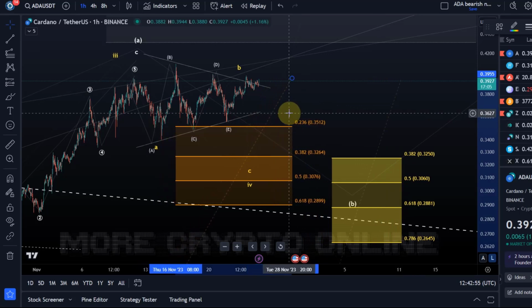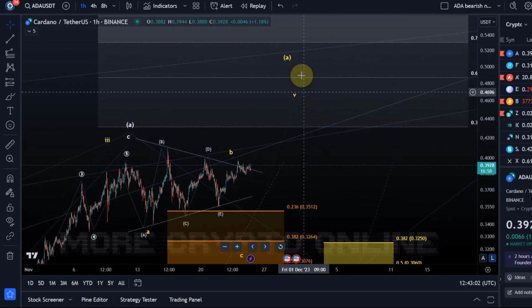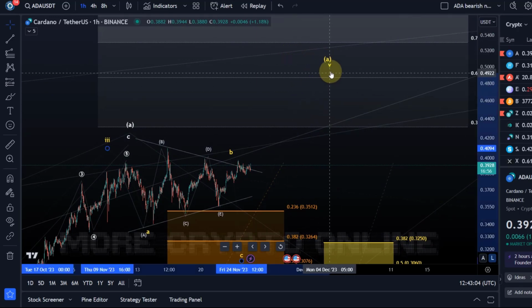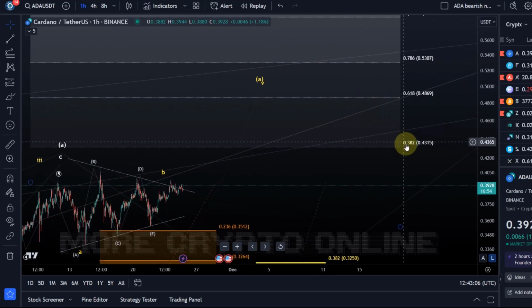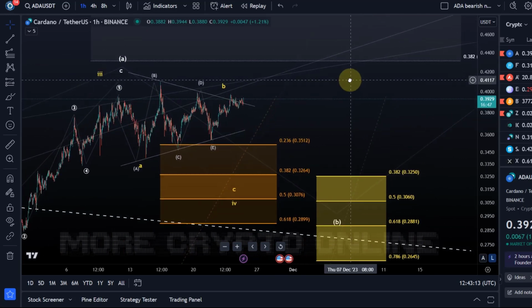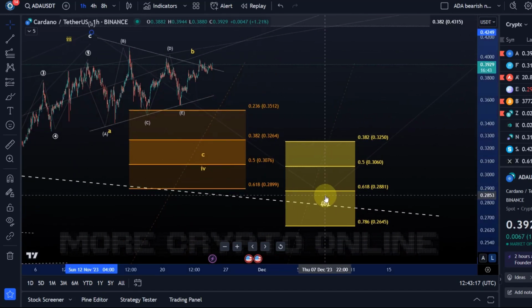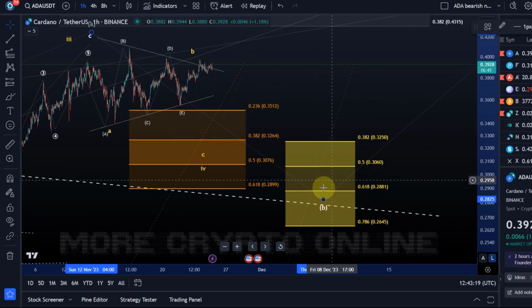And as long as we're holding the 29 cent level, I would go with the yellow wave count, which suggests that in the wave 5, we have a good chance to get one more high, to possibly 43 to 48 cents. Maybe 53 if it gets extended, but I'm not primarily looking for that. If we go below 29 cents, we have to deal here with a B wave, but that could also lead to another rally.